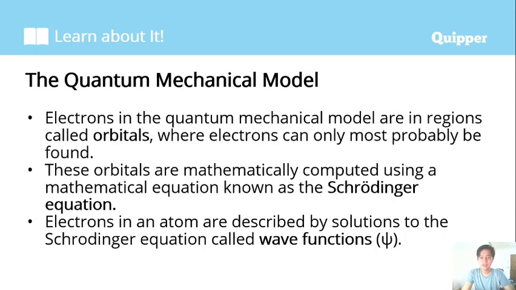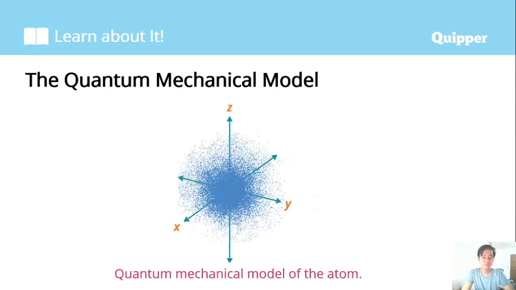These orbitals are explained mathematically in an equation popularly known as the Schrödinger equation. Electrons in an atom are described by solutions to the Schrödinger equation called wave functions, which we will explain further in the next lesson, on how Schrödinger described the hydrogen atom using quantum numbers.